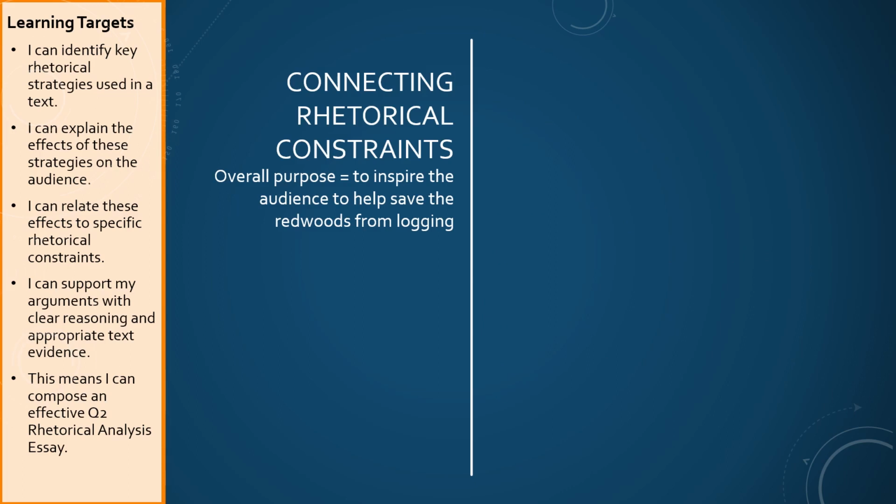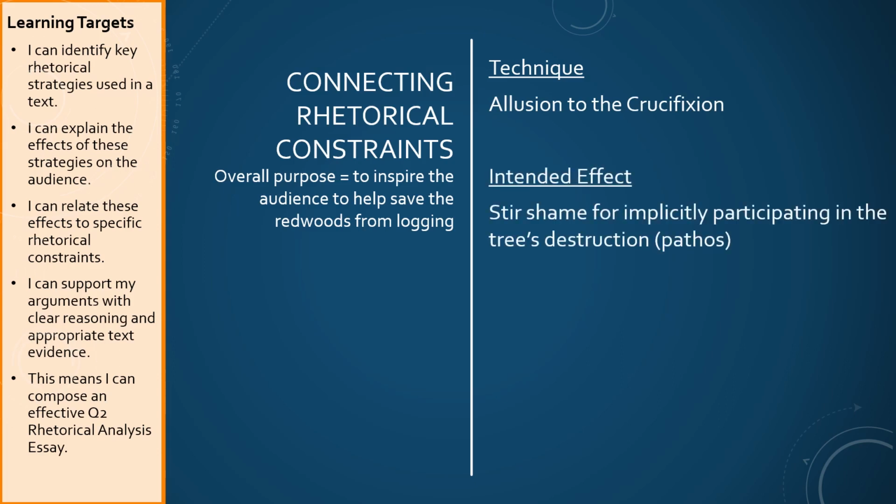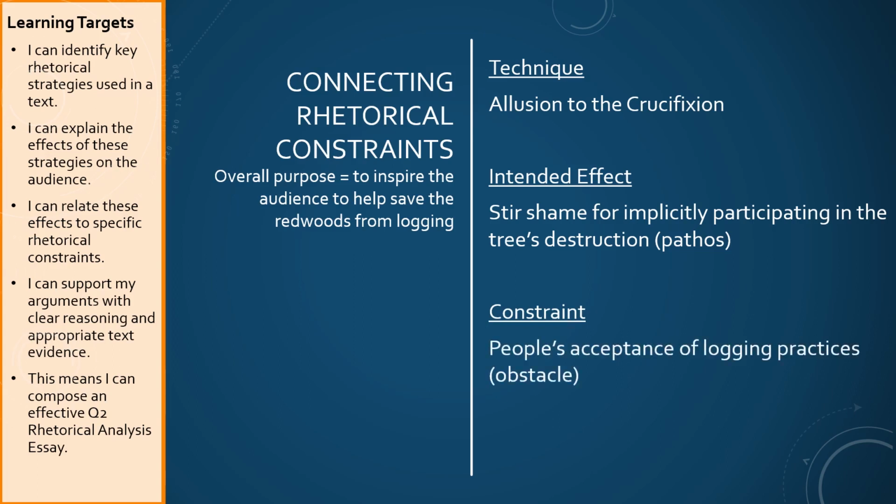Let's take a look at another example here, another technique that we see him use, that allusion in the second paragraph to the crucifixion. The intended effect in the audience there is to stir shame in the audience for implicitly participating in the tree's destruction. It's another pathos appeal here. So we might say that a constraint that is causing Muir to do that would be something like this.